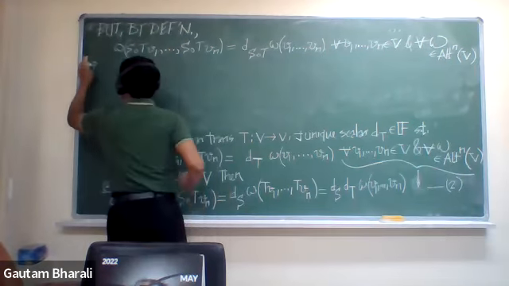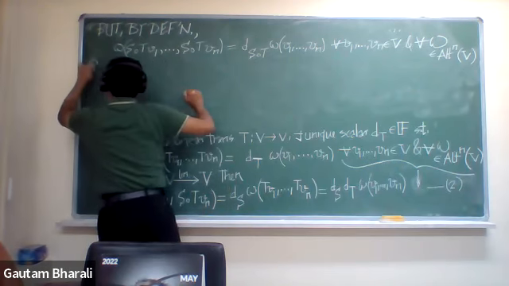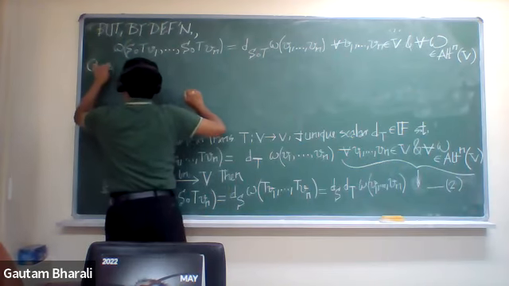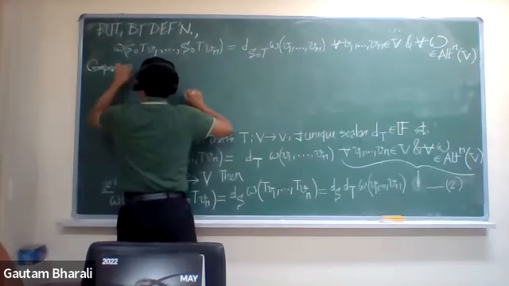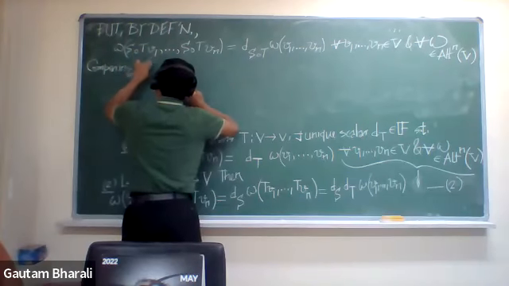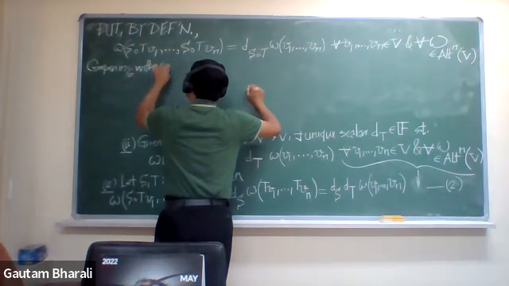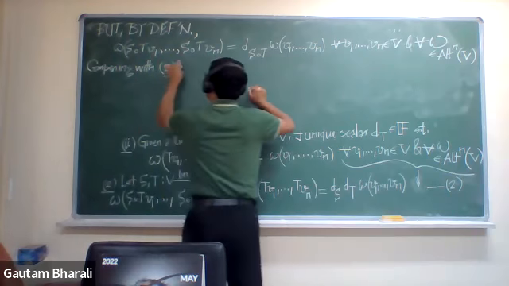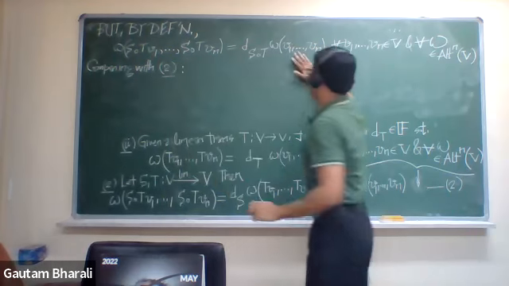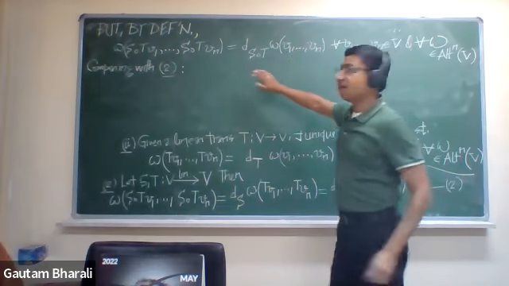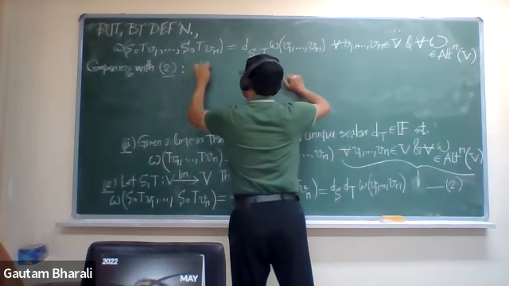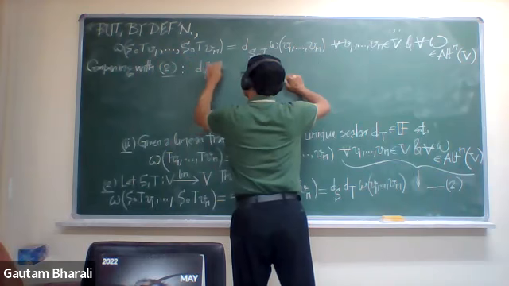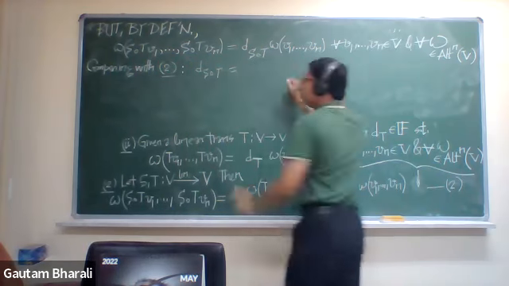By comparing with identity number 2, I have an identity: d sub S composed with T is equal to what?